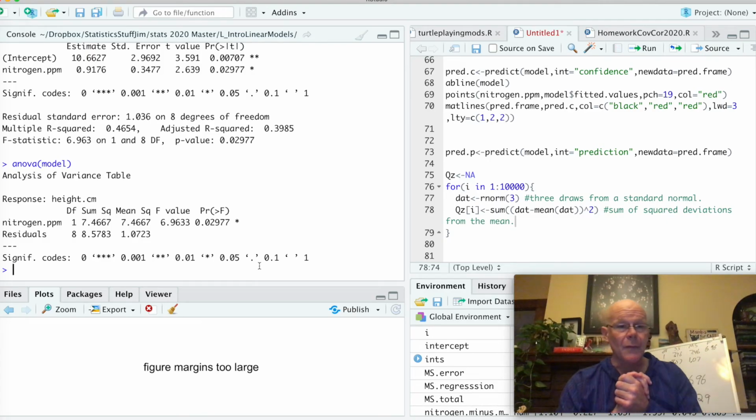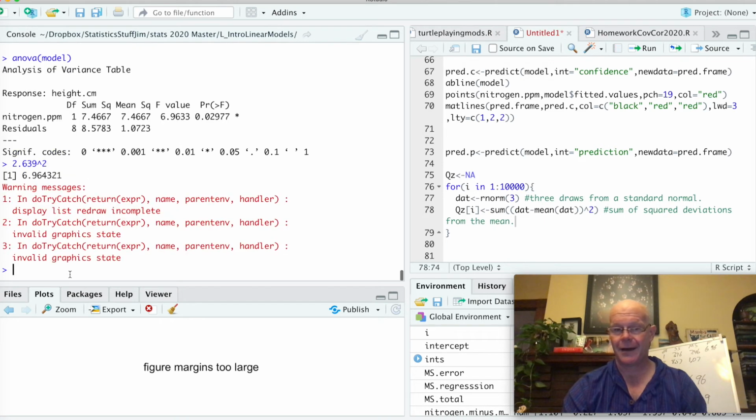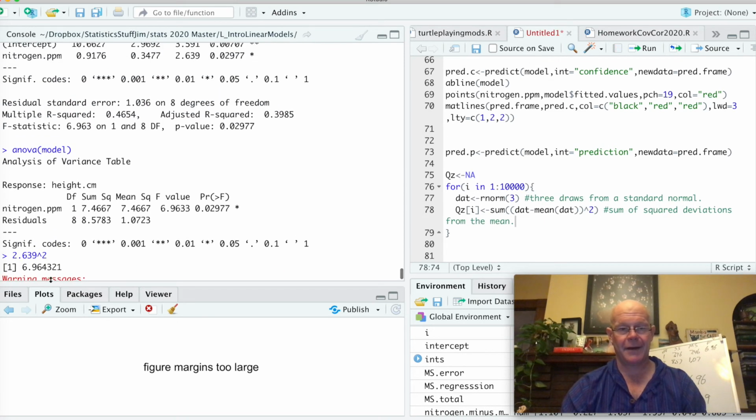So if we look at that t-value that was associated with the slope, here's a really cool thing. I take that value, I square it, and look at that. That and that, they're the same value. There's rounding errors there, obviously, but they're the same value.